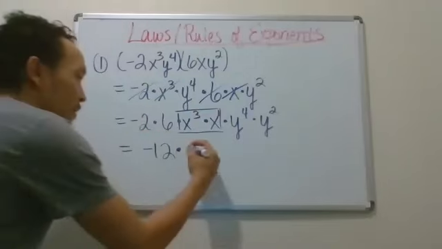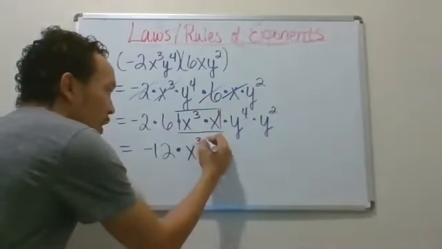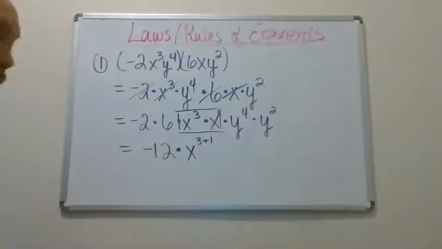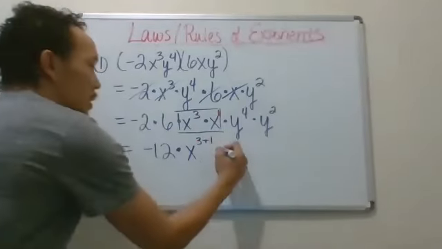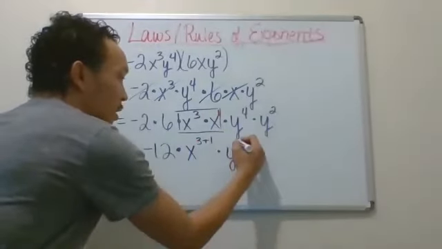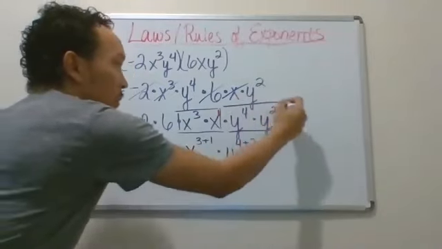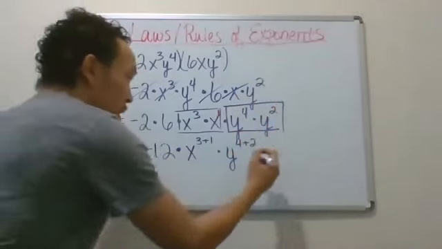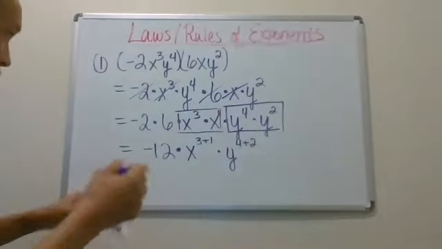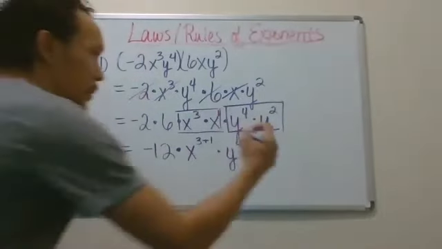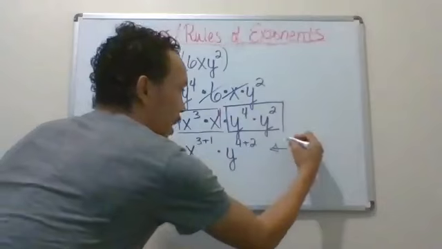So we're going to have x to the 3rd plus 1 power, times y to the 4 plus 2 power, because we are also multiplying my y's together.